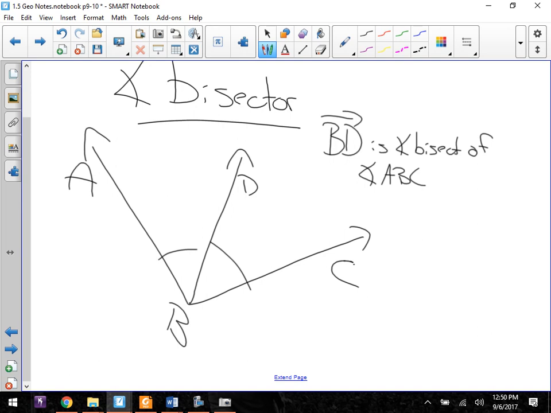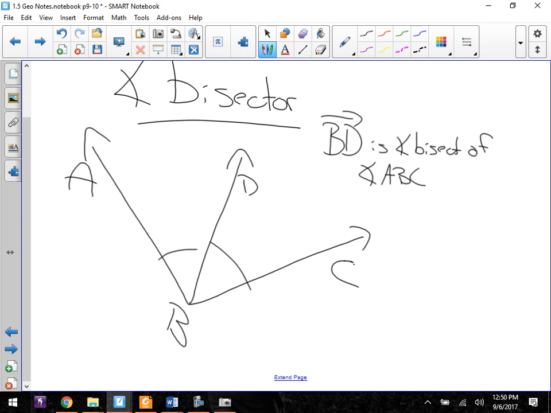An angle bisector cuts an angle into two equal congruent things. It's a lot of words for the exact same thing as what a midpoint does. Angle bisectors, segment bisectors, midpoints, they all kind of mean the same. It just creates two congruent angles.